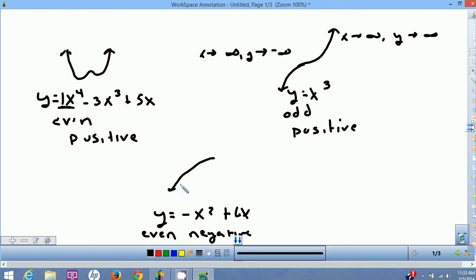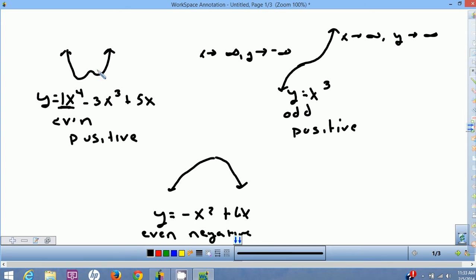It's going to go down as we go to the left, and it's going to go down as we go to the right. How many turning points? How many places can it change direction? One less than this. It changes direction once. Up here, how many times does it change direction? 1, 2, 3. 3 turning points. Maximum number of turning points.